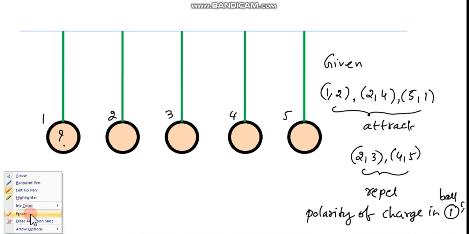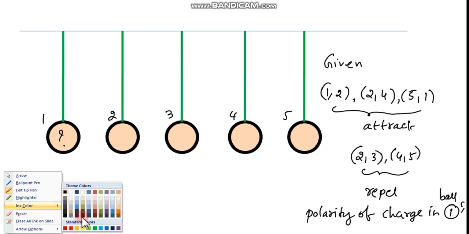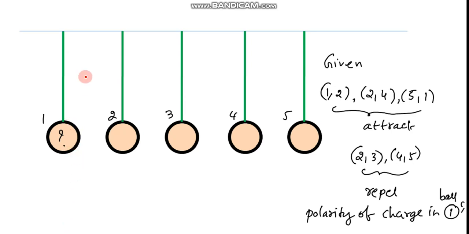So if two balls attract each other, they may be having opposite charges, or the second body must be neutral, right? Given that they are hung using insulating threads, we don't know what is the charge on the first body. So let us assume this has some positive charge.